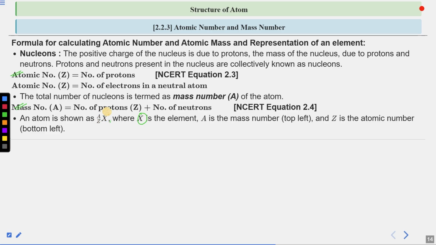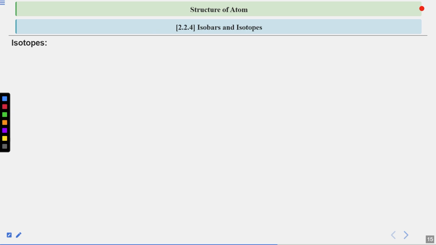In this way, you can represent a given element. This is a very simple representation.